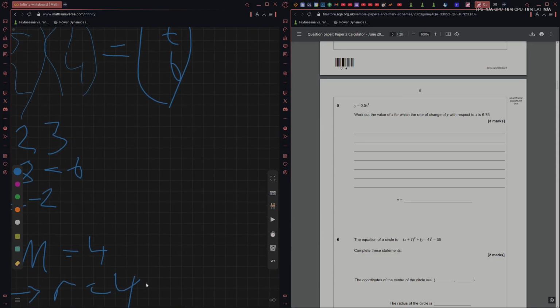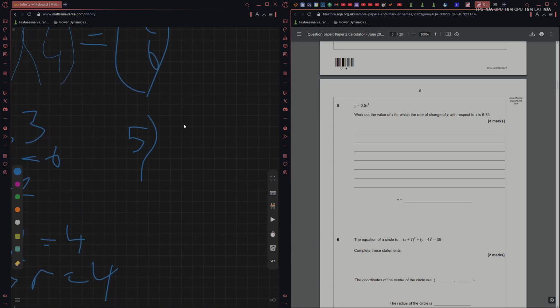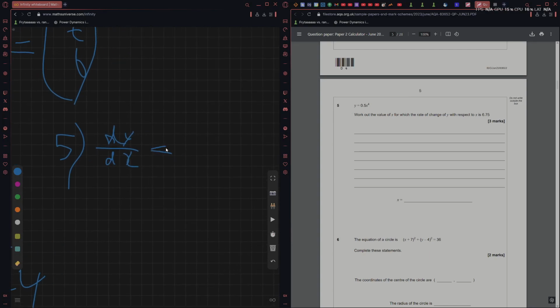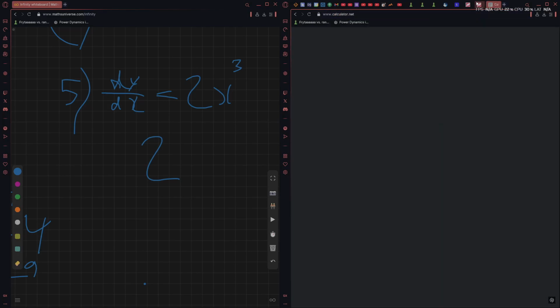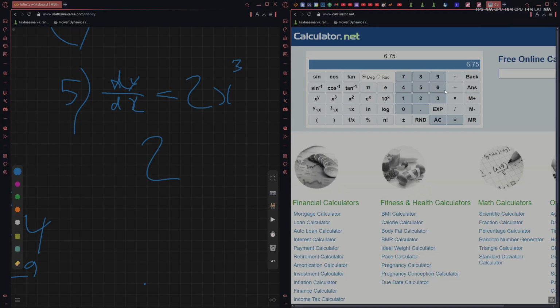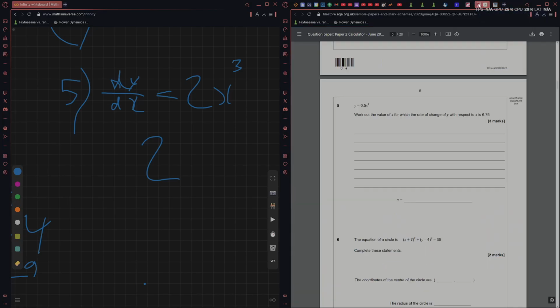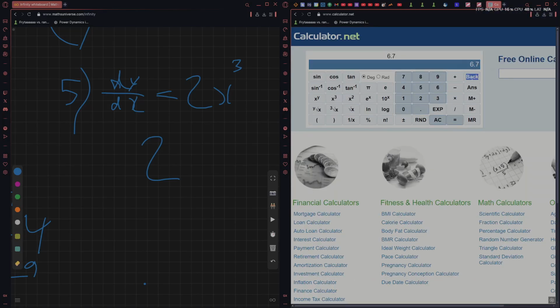Right, now we're going to go to question 5. This looks like a very easy derivative question, so it's just find dy over dx, and that's 2x cubed, and then you just substitute 6.75 in. I'm just going to get a calculator up because this is a calculator paper. 6.75 cubed equals that. No, we know that's not it.